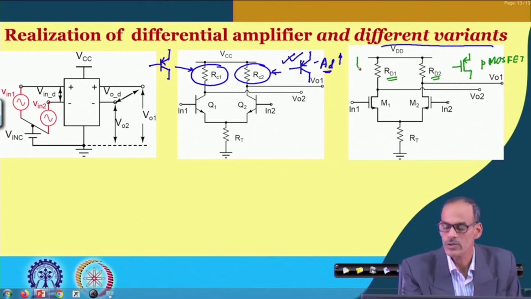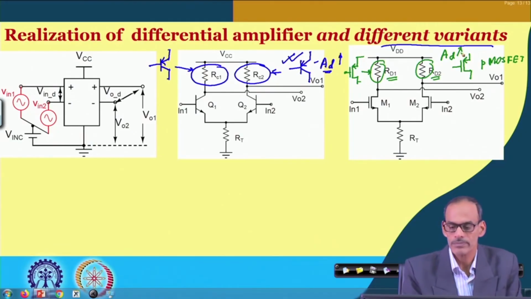Same thing here also, identical PMOS transistors with, of course, meaningful bias. So, if we replace this resistor and this resistor by their corresponding active devices, here also the differential mode gain increases. So, that is how we can get different variants.